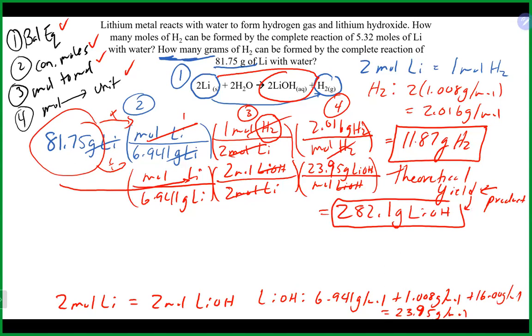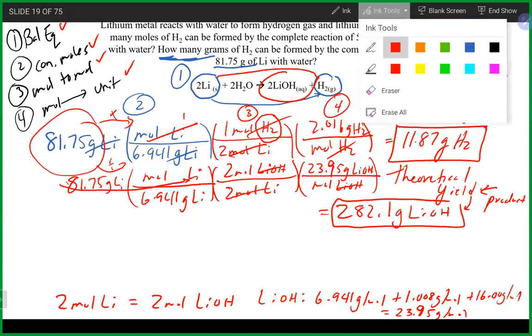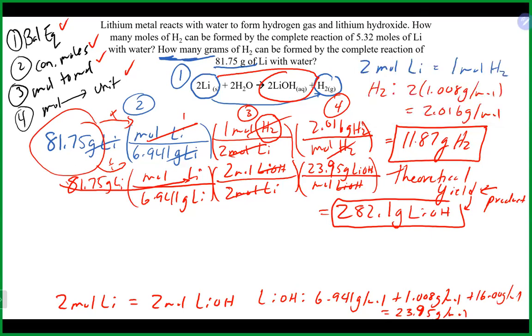First off, basically it's the same calculation. Obviously here, 81.75 grams of lithium. Now, you don't necessarily in this case need to go all the way back to the beginning. You could have started with your hydrogen as well. So in this case, we could have done, I know I produce 11.87 grams of hydrogen.